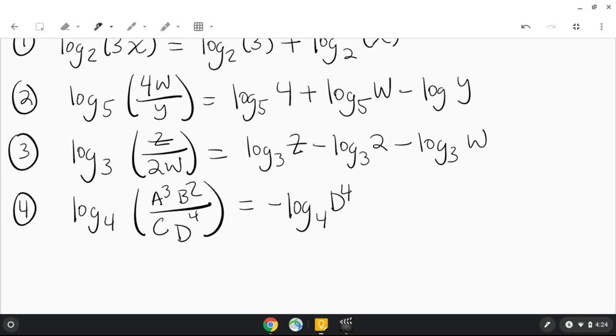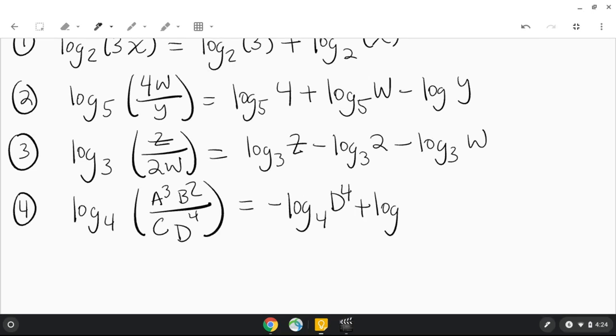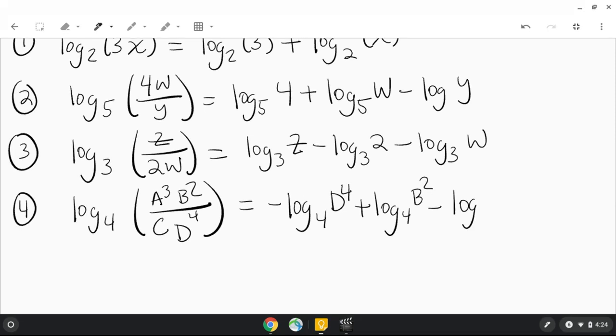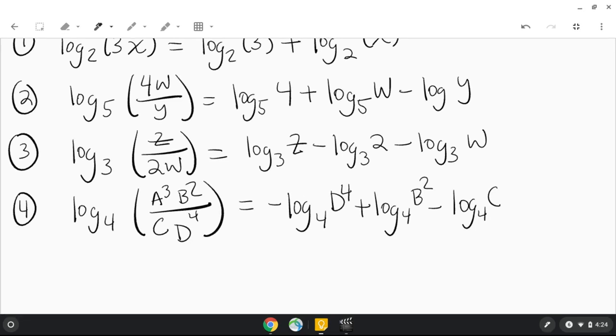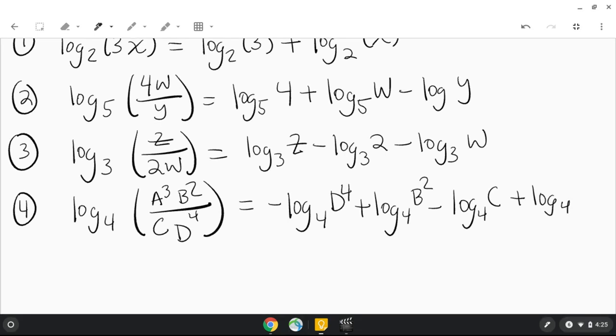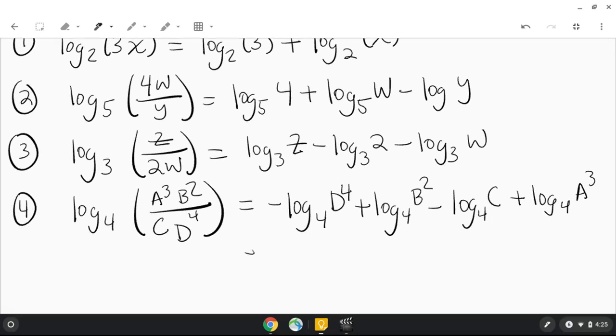If I do the b squared next, that one's in the numerator, so it will be positive. Do you see what I'm doing here? I'm trying to make my point. If I do c next, c is in the denominator, so that one needs to be negative. And if I do a last, that one's in the numerator, so it needs to be positive. Again, it doesn't matter what order you put them in, so long as they have the correct signs.